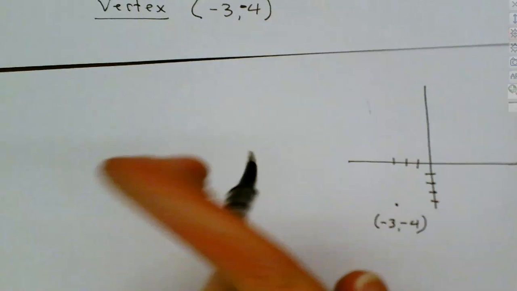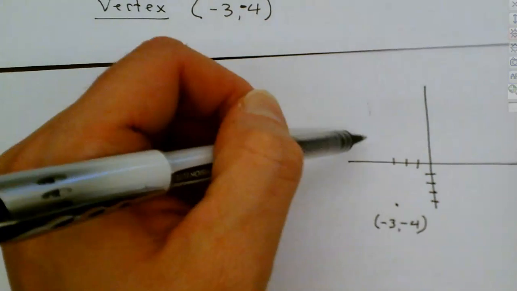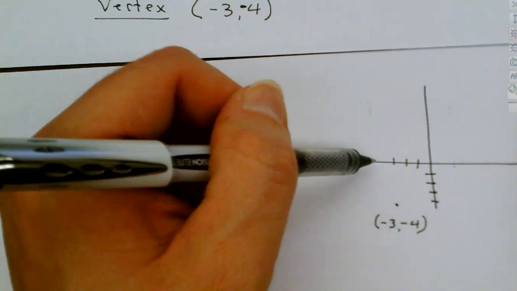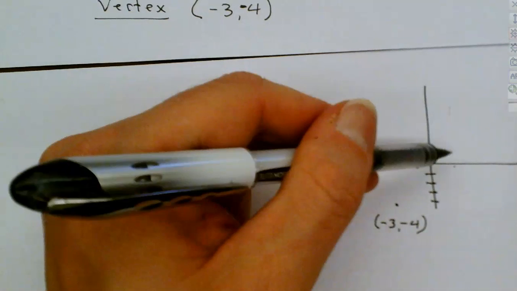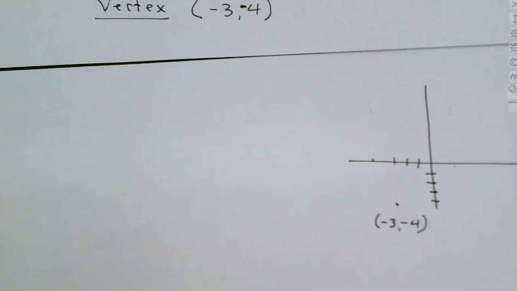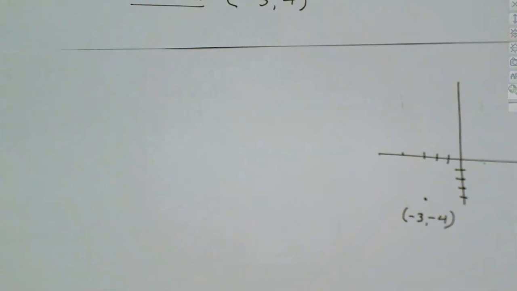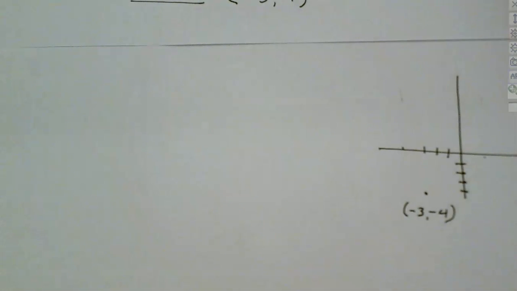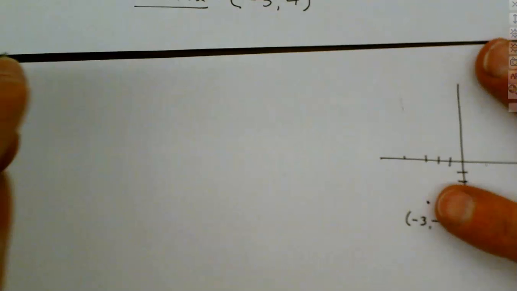And it looks like it's going to have 2 points where it touches, somewhere over here and somewhere over here. You're going to have a U. So we need to find those. Now the next one that we're going to look at is not going to have x-intercepts. But this one has 2 x-intercepts because it makes a U, and it crosses at 2 places. So now let's find our x-intercepts.